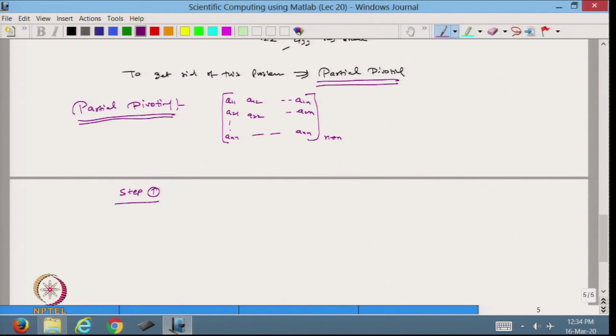In step 1 of the elimination, the first column is searched for the largest element in magnitude.